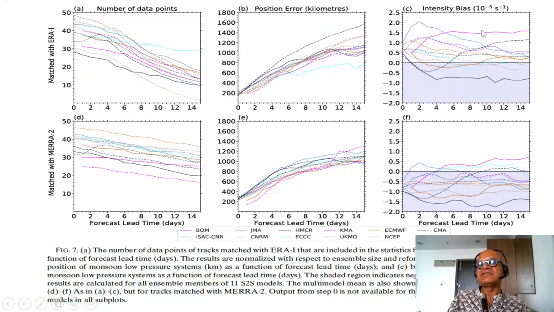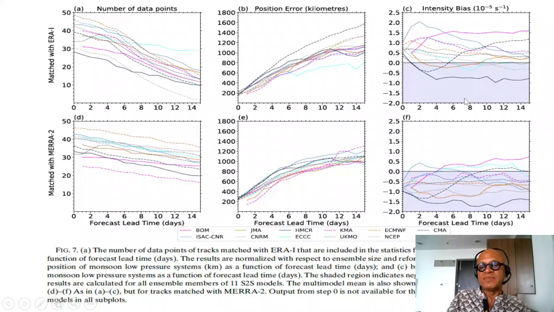So the intensity in terms of the lowest pressure, the bias in intensity, again, negative versus positive. Mera captures most of them being negative here, whereas compared to ERA, they are all mostly positive with one. That's the HMCR going here.